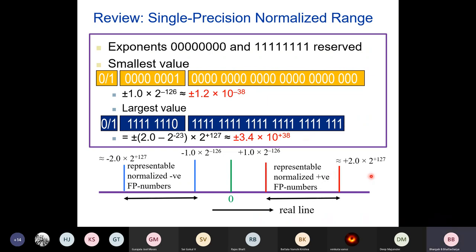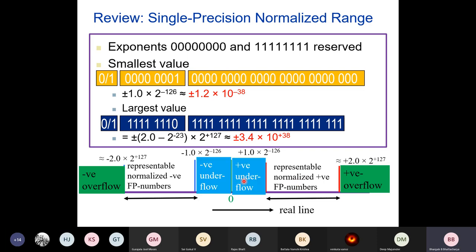If you go beyond this range, that becomes overflow. And if you go beyond the smallest representable normalized value, it becomes underflow, in both directions, positive underflow and negative underflow. Do you have any question here? And remember one thing: when I talk about these representable numbers, there are discrete values of floating point.